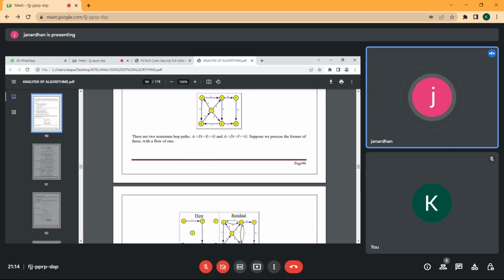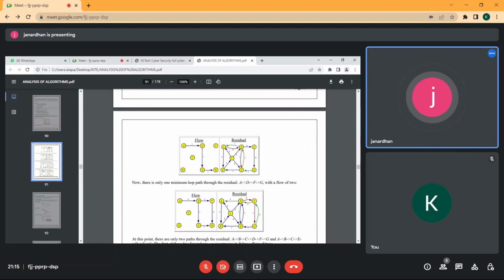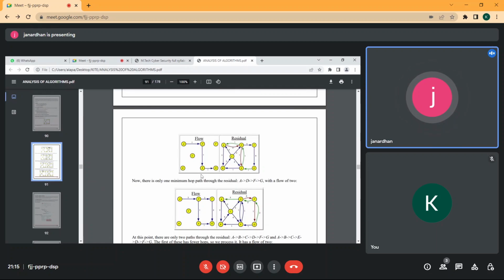Right, there are two minimum hop paths. One is A to D and D to E, E to G, and A to D, D to F, F to G. Okay, these are the two minimum paths. Suppose we process the flow of these with a flow of 1. First one is the flow. This flow containing the 3 weight.